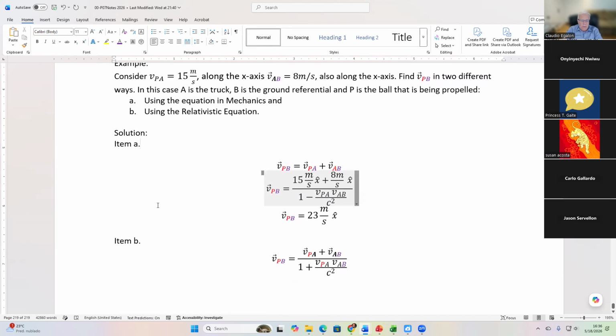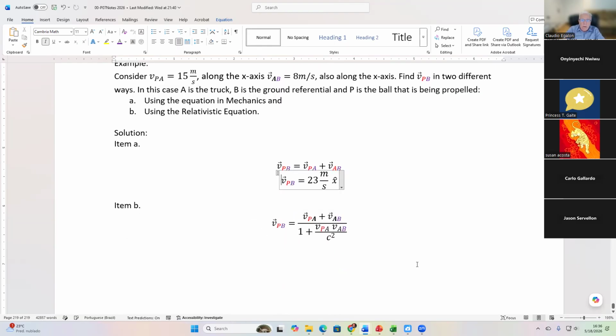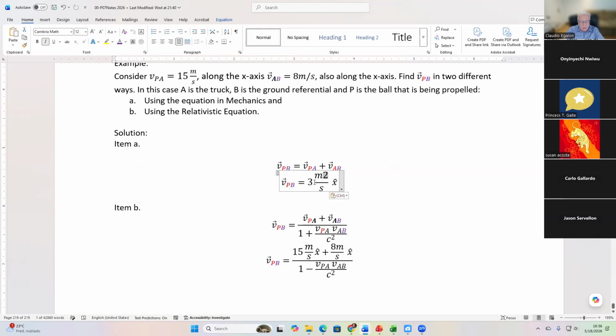Oh gosh, what am I doing here? Yeah, I gotta put it here. Now, you go. This one I already know that upstairs is going to be 23 meters per second.